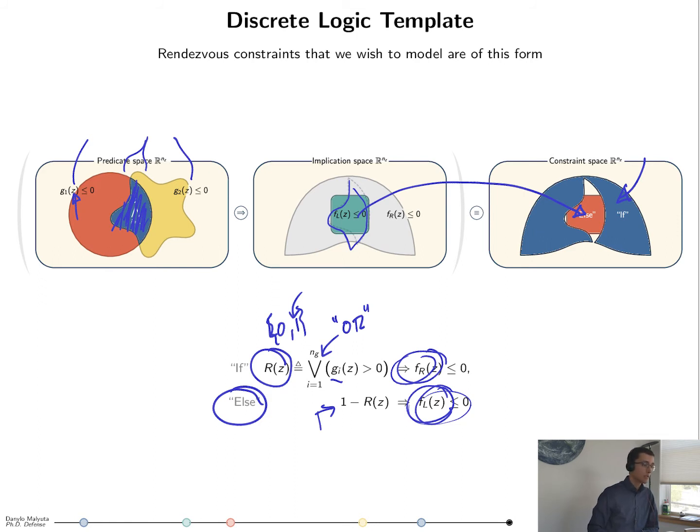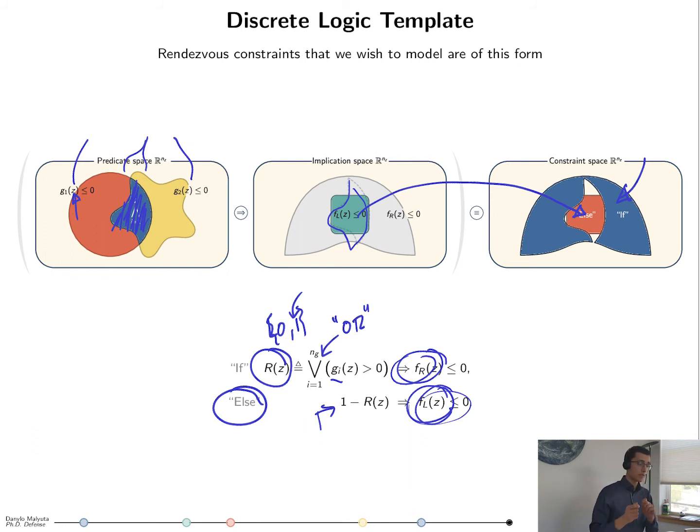How is r defined? It's defined as an or combination, a logical or statement, over functions gi, which we call predicates. It's the term we use for them. What predicates tell us is that whenever one of the predicates is positive, then we want fr to hold. When all the predicates are negative, then fl holds.